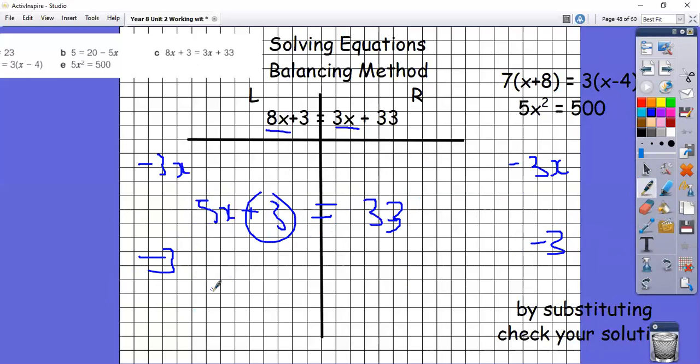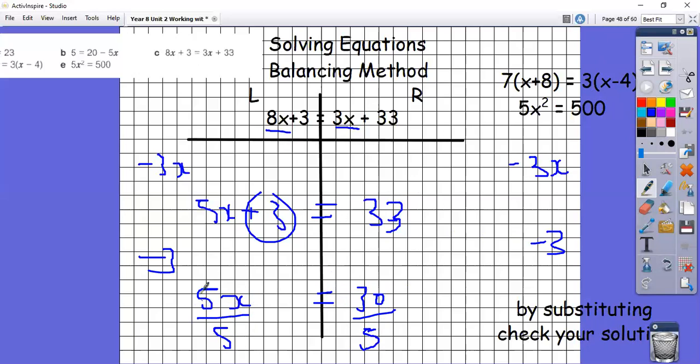On the left hand side, it will be 5x equals 33 take away 3, 30. So again, now I'm left where I want to be. I've got the coefficient multiplying the x. I need to solve for 1x, so divide both sides by 5.